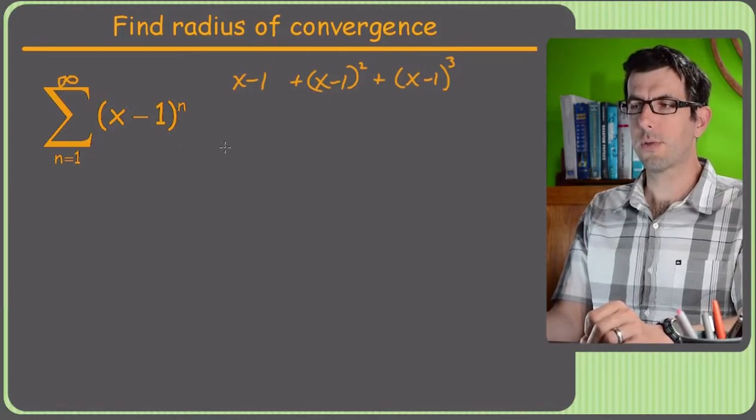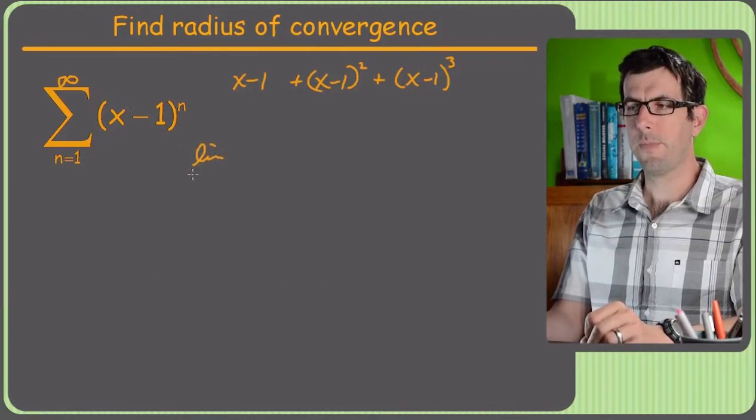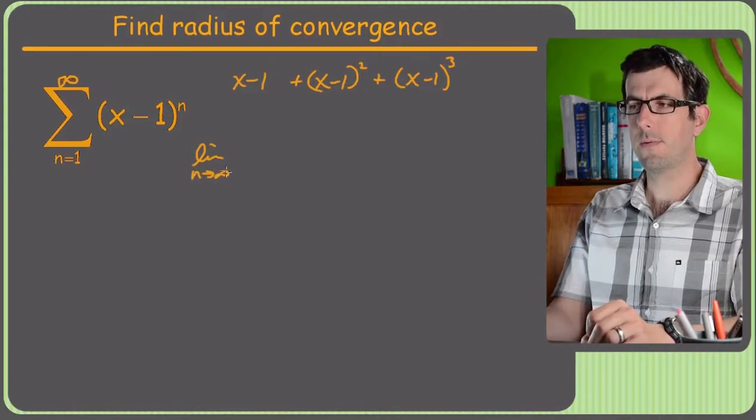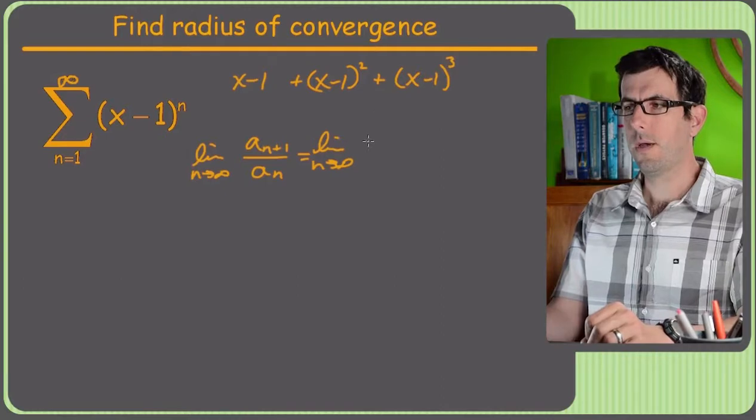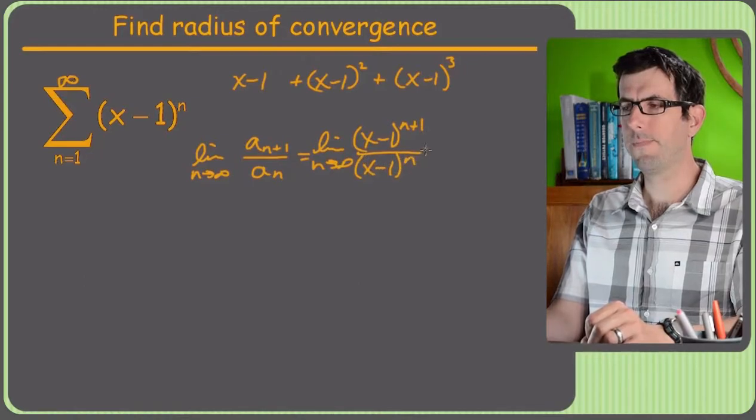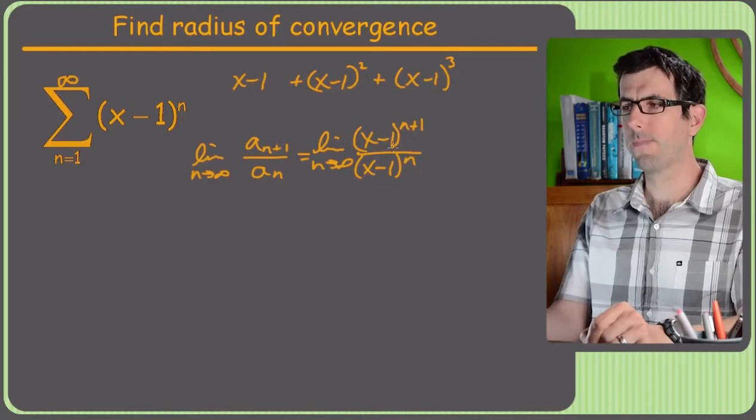So just going to plug and chug through the ratio test. The limit as n approaches infinity of a sub n plus 1 over a sub n. So that's going to be the limit as n approaches infinity of (x minus 1) to the n plus 1 over (x minus 1) to the n. This has a pretty straightforward formula, so it's pretty easy to plug and chug through here.